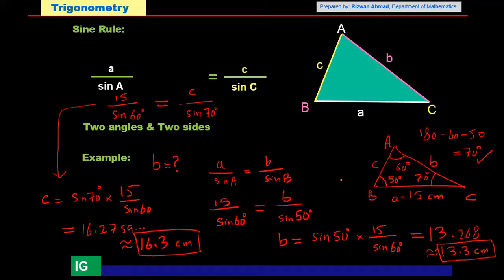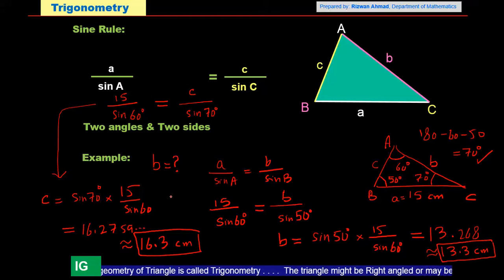So which means we have found all the three sides and all the three angles of this triangle. An important fact for any triangle is that the angle which is the biggest angle will have the longest side opposite to that. So angle C is the biggest, 70 degrees, opposite to that is 16.3, whereas the other two sides are 13.3 centimeters and 15 centimeters.